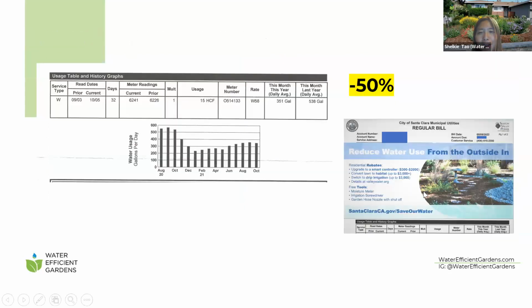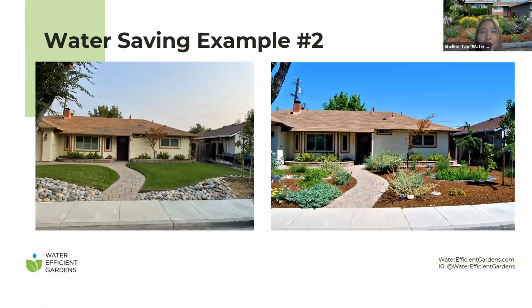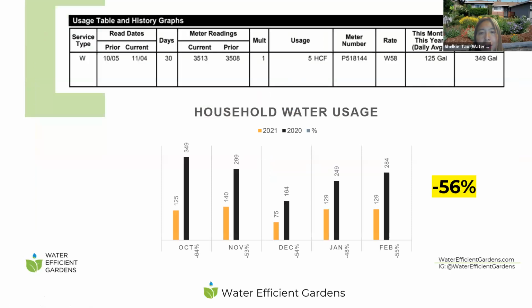This garden was also featured on the utilities bill in the city of Santa Clara. This is another example, the before and after. The household water usage was reduced by 56%.